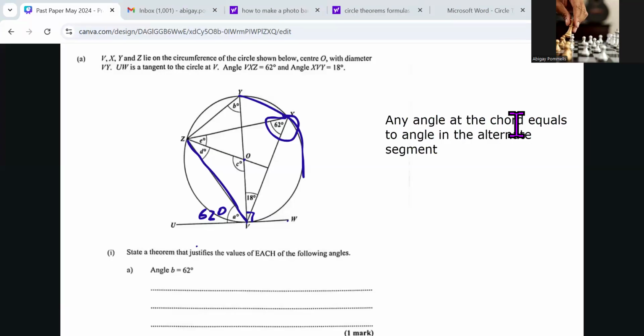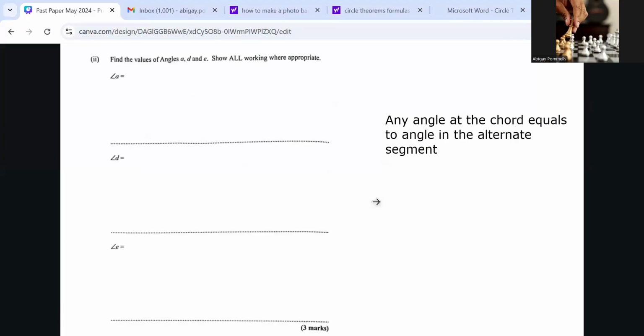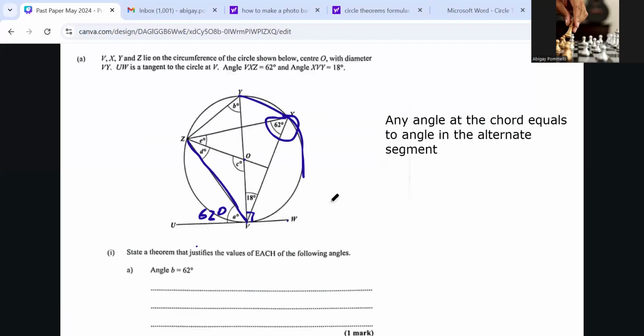All right, so the next one should be what again? Angle D and then E. Okay, angle D. Where's D?